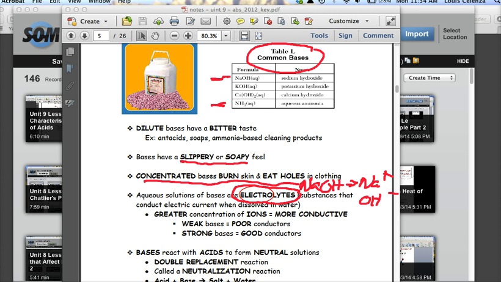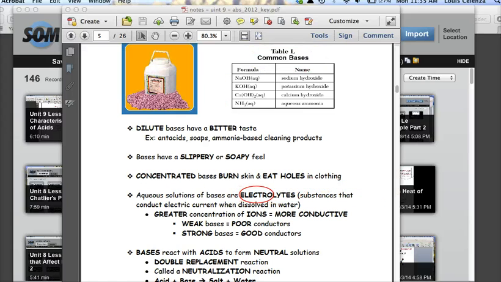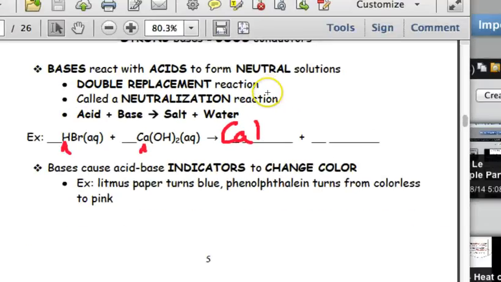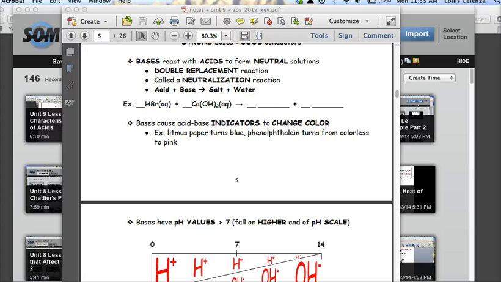Now, when you're looking at bases, when it comes to neutralization reactions, we already talked about this with acids. When you take an acid and react it with a base, it's a double replacement reaction. It's called a neutralization reaction. And again, the H and the Ca switch. So now the Ca will join with the Br.